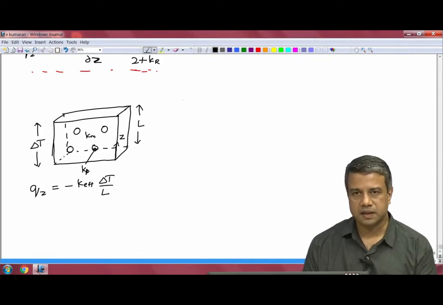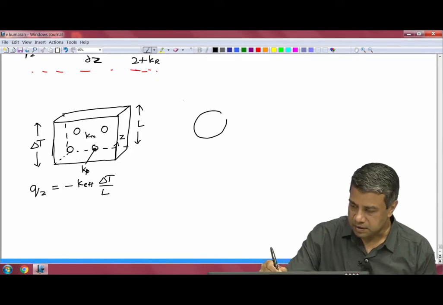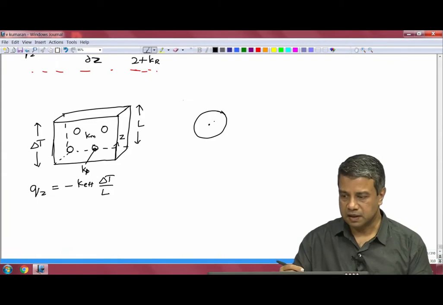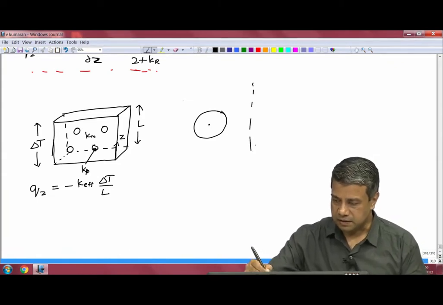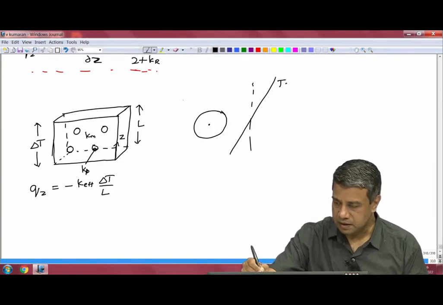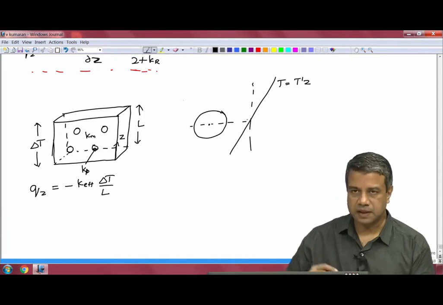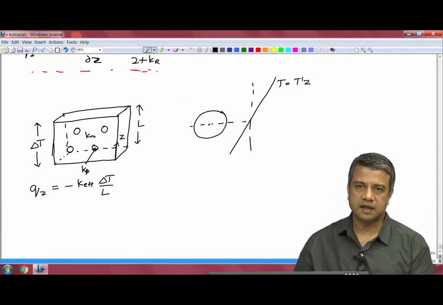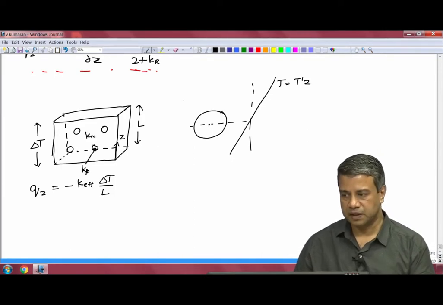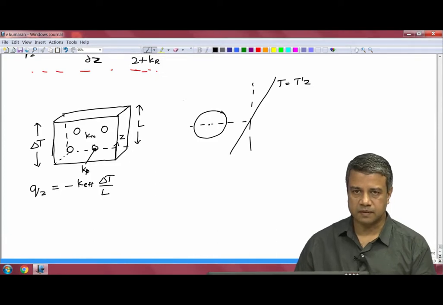In that case, each particle can be considered to be in a temperature field which has a linear variation in the z direction far from the particle. So T is equal to T prime z far from the particle, where z is defined as the vertical distance from the particle center. So you have a linear temperature variation far from the particle.